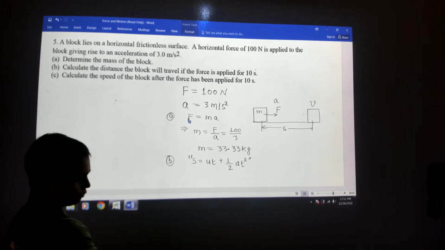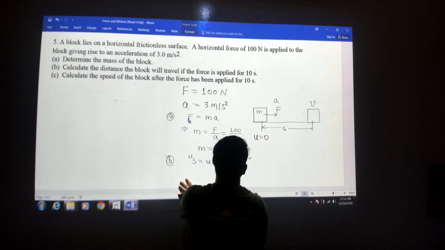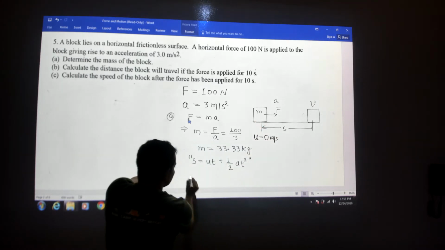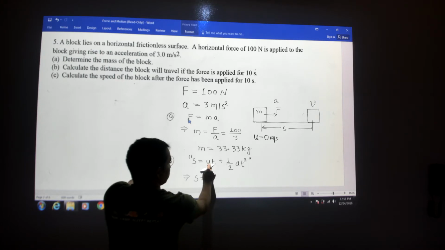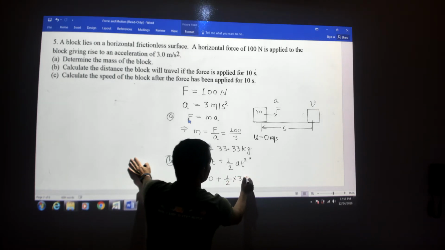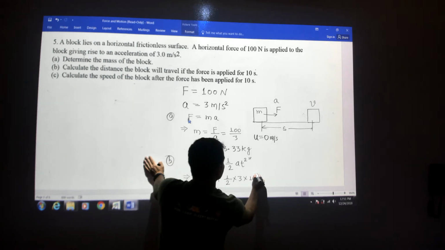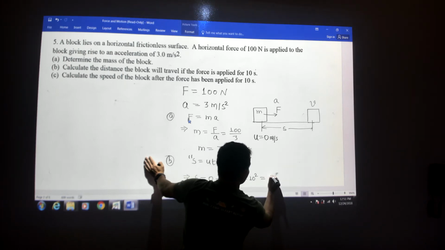This is starting from rest, so the velocity at this point is equal to 0 meter per second. So the distance, this is 0 because the velocity is 0, plus half, the acceleration is 3 meter per second square, the time is 10 seconds. So this one will be 150 meter.